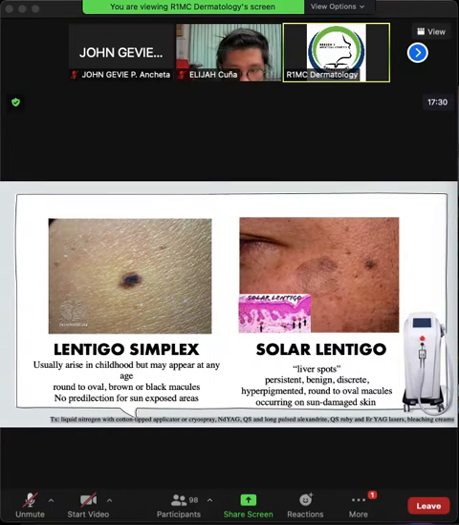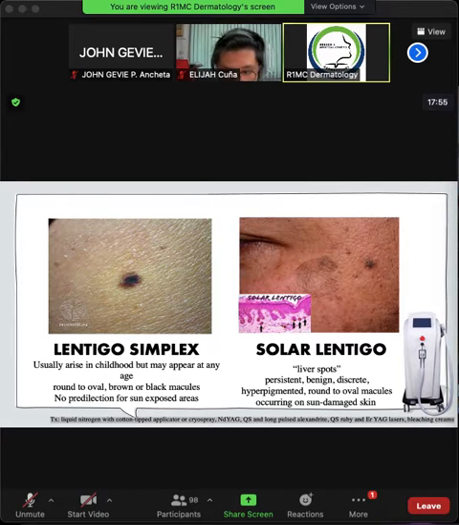For your solar lentigo, we also call this your liver spots. These are persistent, benign, discrete, hyperpigmented, round to oval macules occurring on sun-damaged skin. So take note that your solar lentigo occurs on sun-damaged skin, while as for your lentigo simplex, there is no predilection.